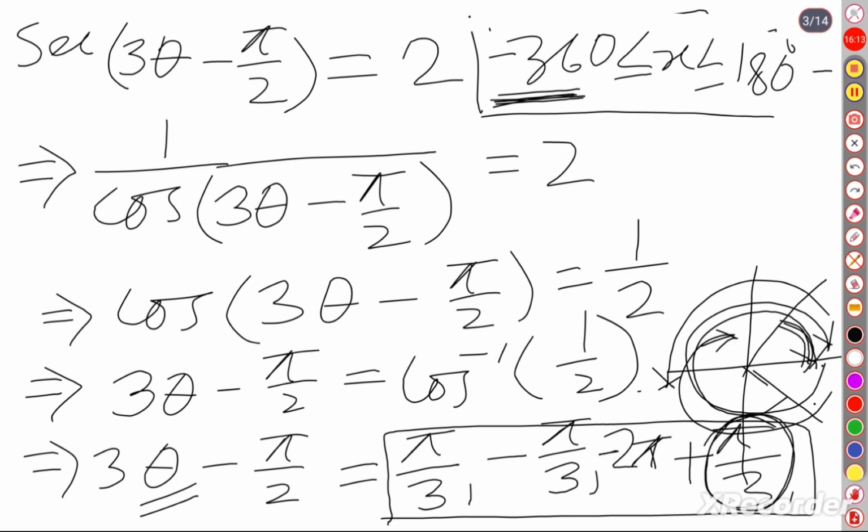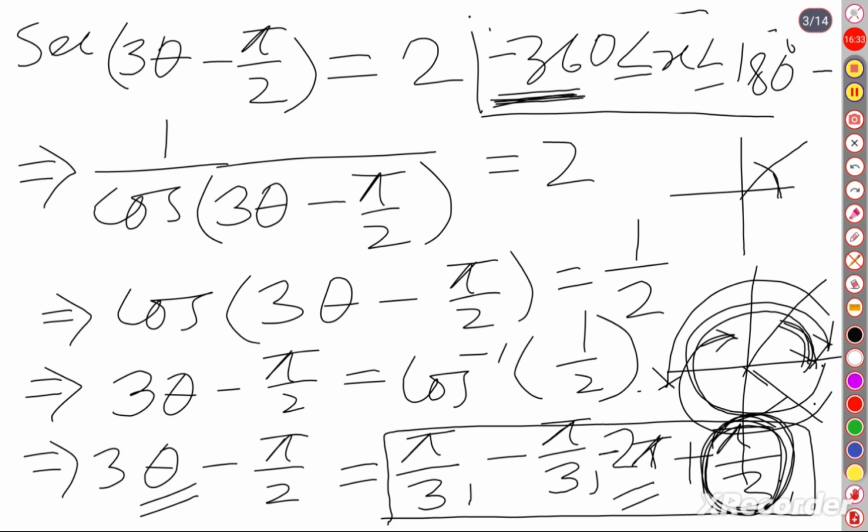Always the basic angle should be added or subtracted. As we are moving anti-clockwise, the angle is negative, so from negative if we want to subtract, it must be positive. The angle is over here.